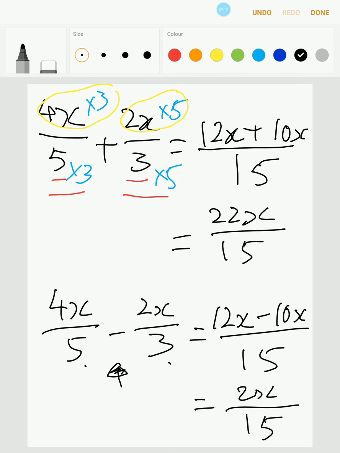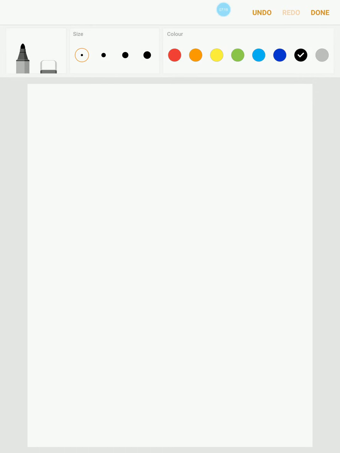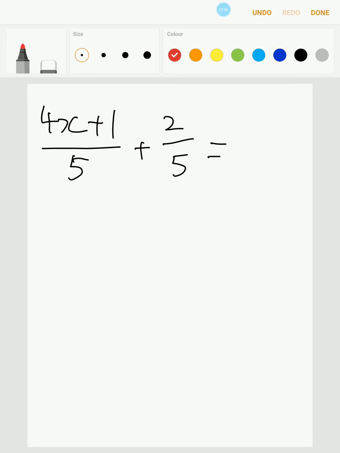Okay, so that's that. Now, one last one before I finish the video. It's very long, I know. Okay, what if there are two terms? Like this, 4x plus 1 over 5, then plus 2 over 5. How? Don't be worried about the top here. Just remember, this comes as a package. Keep it there. First thing, check the denominator. Are they the same? Yes. Happy. Write 5.